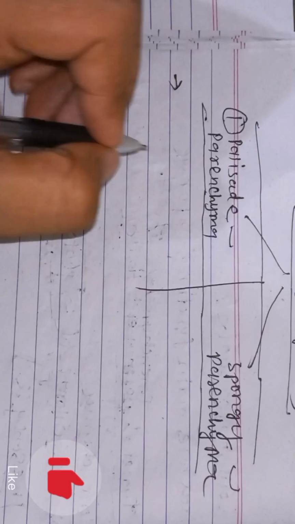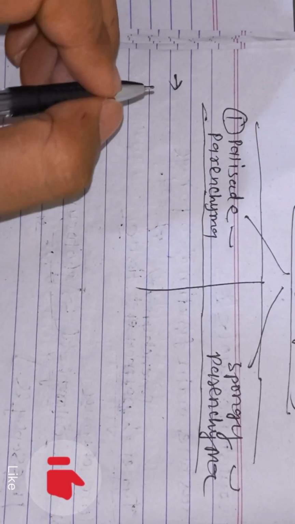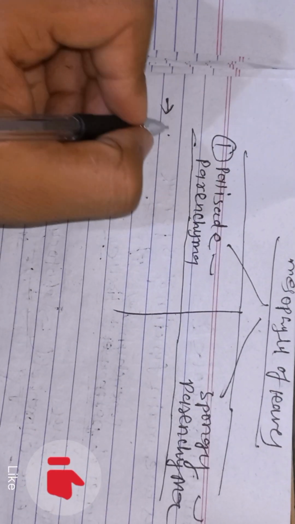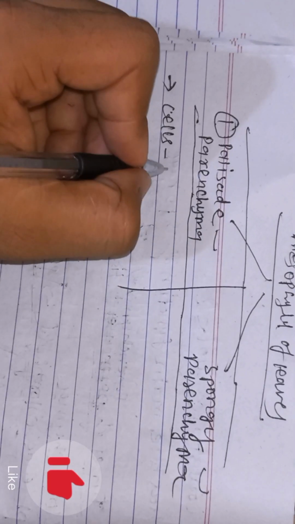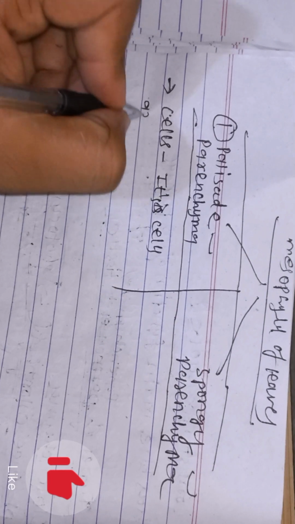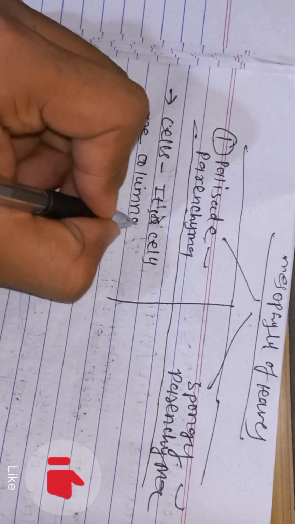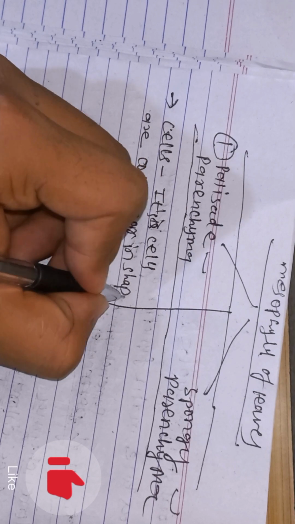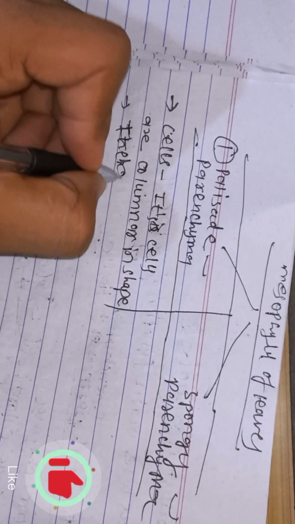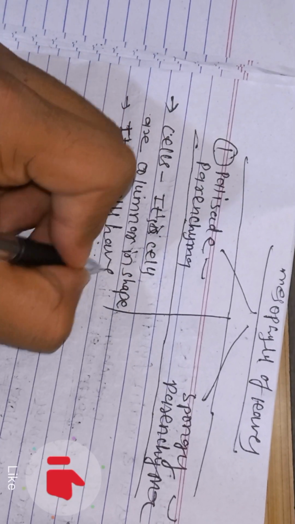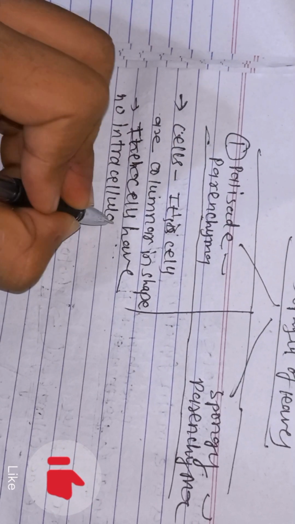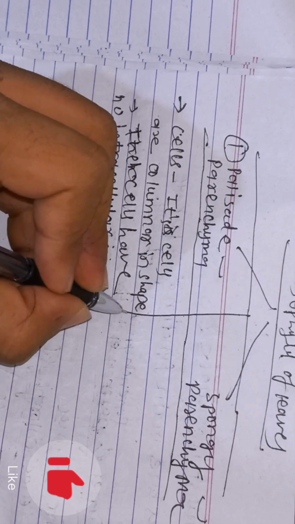So let's first talk about the palisade parenchyma and the spongy parenchyma. We can find two differences here. On the basis of cells, the cells of palisade parenchyma are columnar in shape, and they have no intracellular spaces.